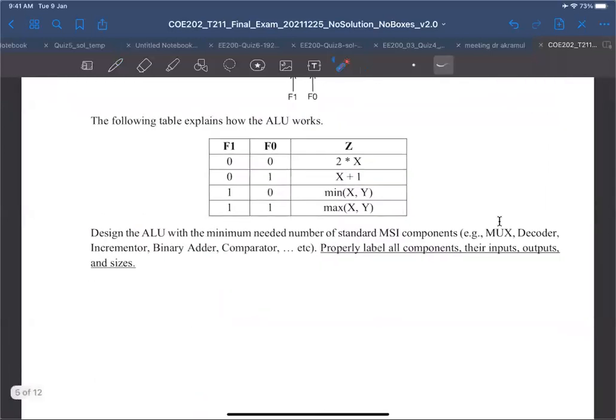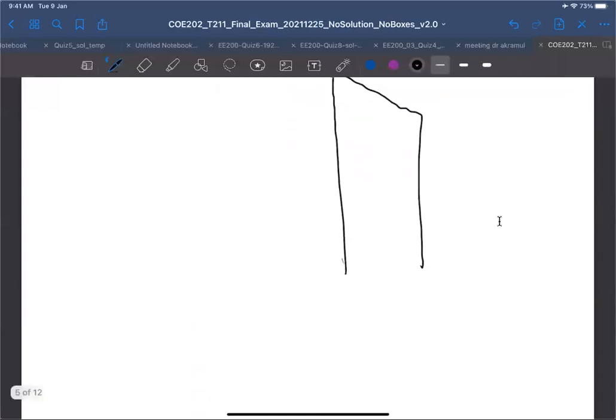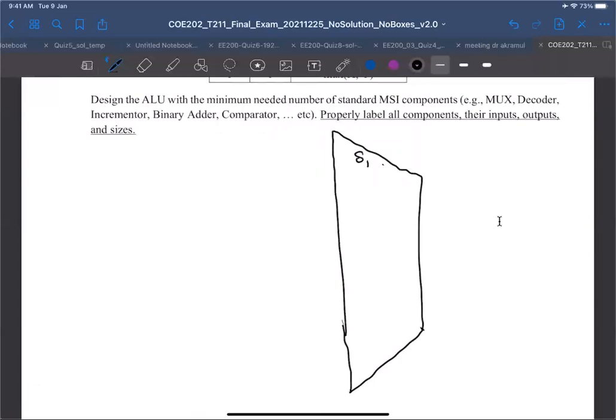So basically one way to solve this is to have a 4-to-1 multiplexer that selects the operation based on the function. So let me just draw a big 4-to-1 multiplexer. Here's S1, S0, and these are hooked up to F1 and F0.